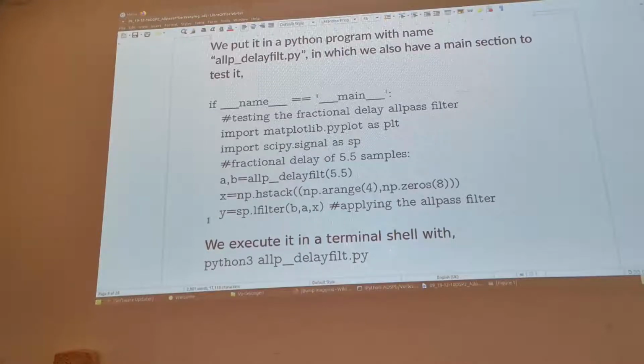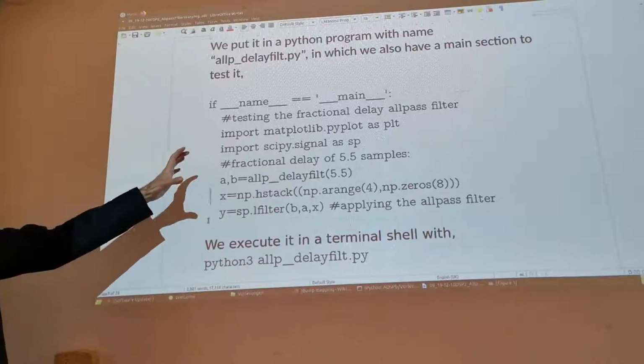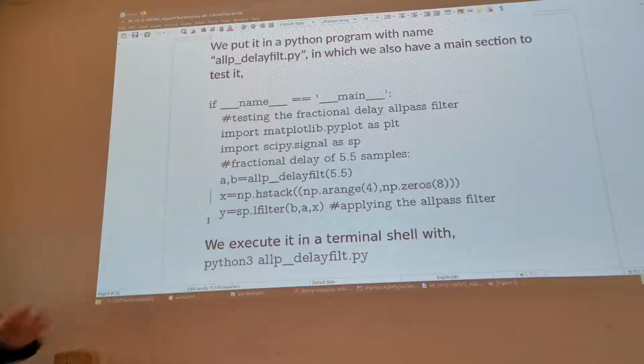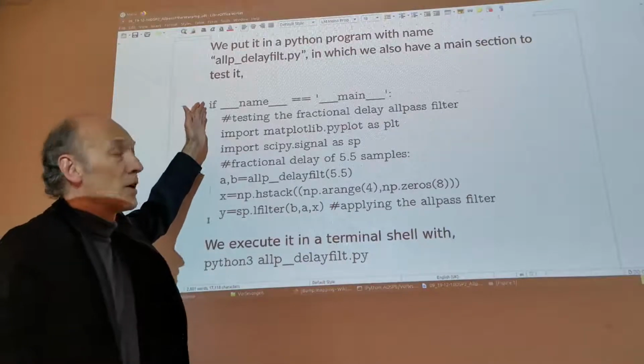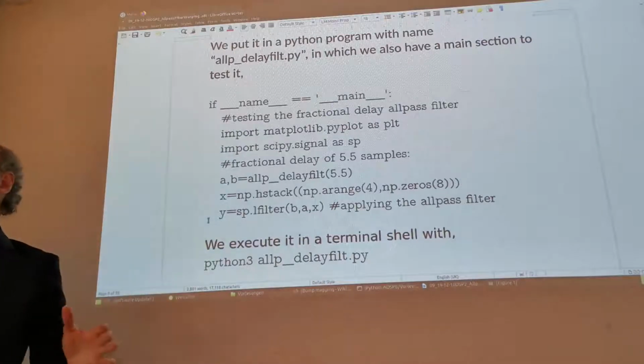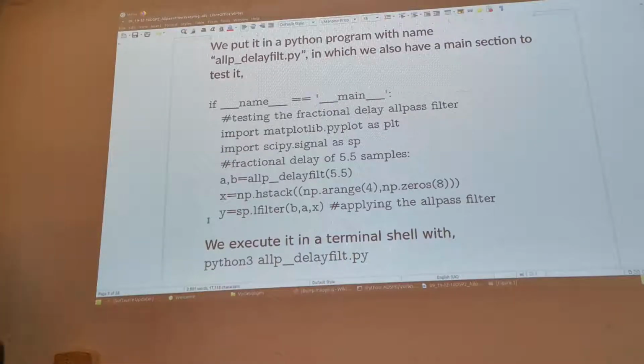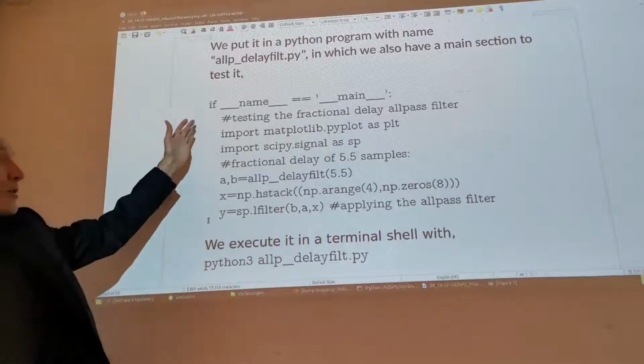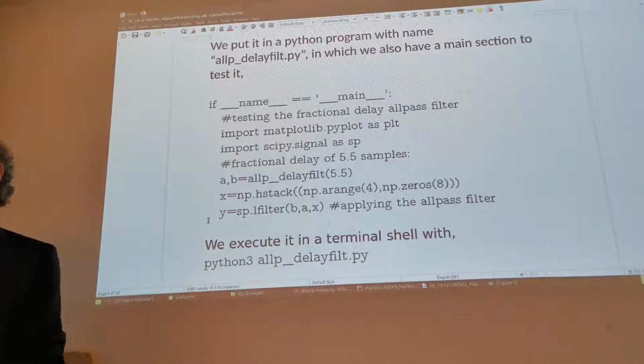So when you then use the functions in some other program, you say import all-pass delay filter, and then it imports the functions that are defined, but the main section is not executed. This main section is only executed if you call this file from the terminal shell. And this makes it very practical for testing purposes. So you define the function in a file, you use it in a different file, and when you want to test it, you call this file itself, and then it executes this main function.